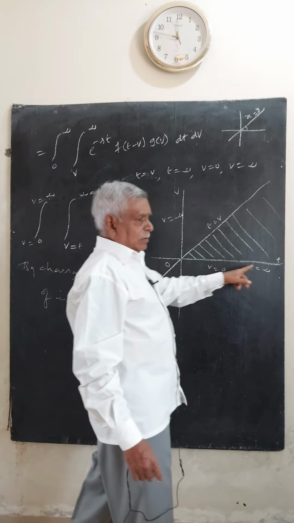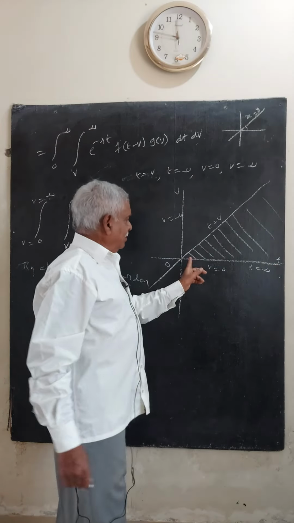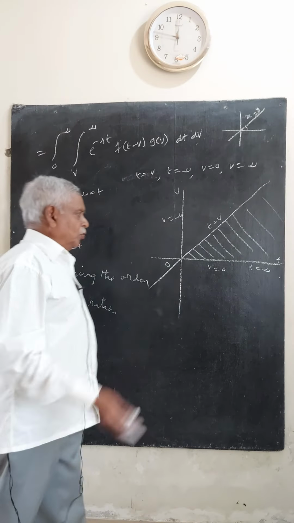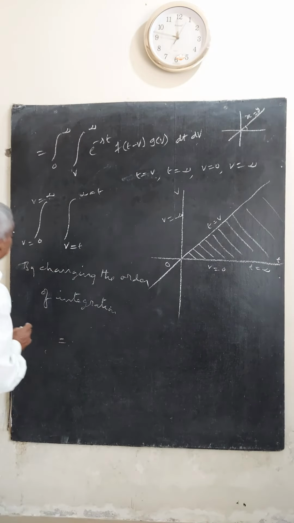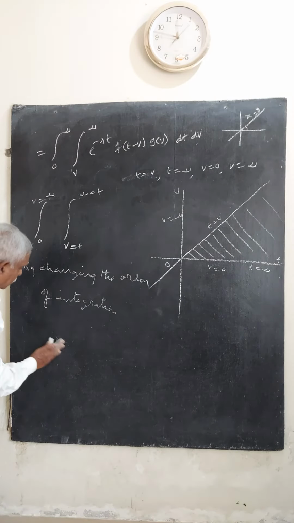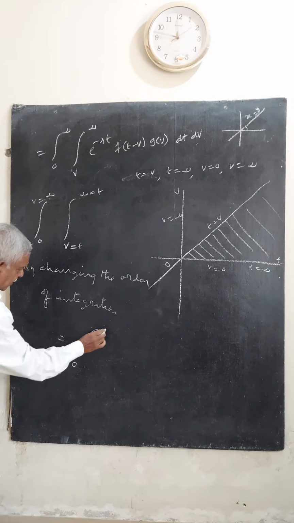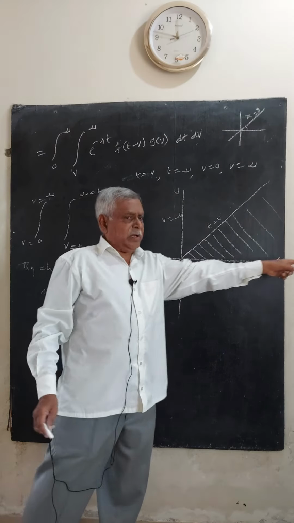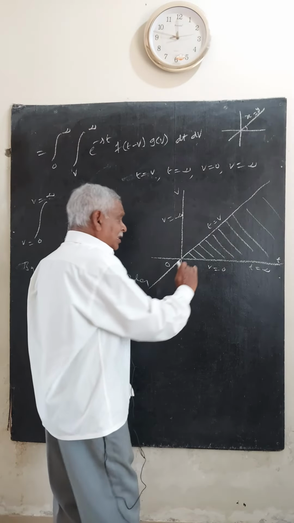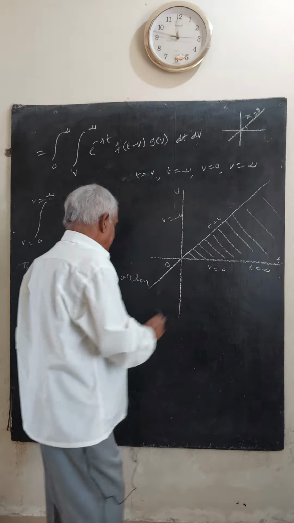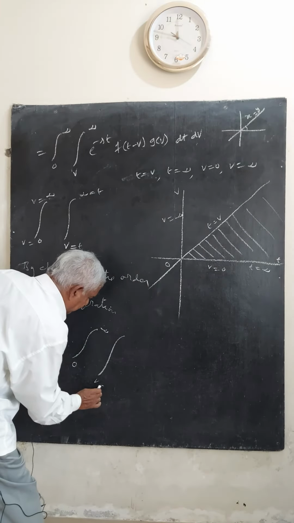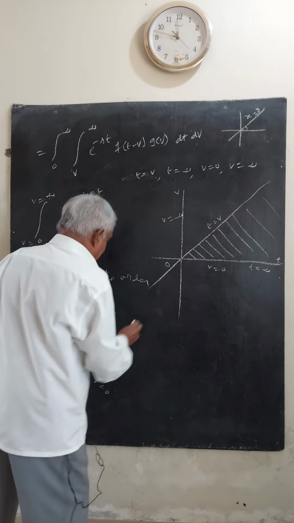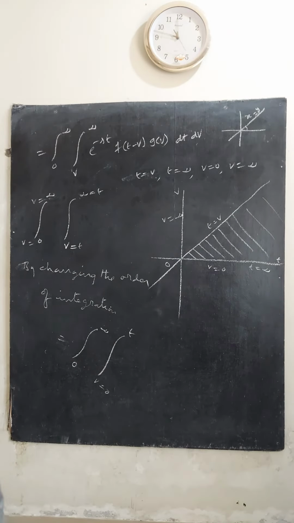One limit goes in the axis. t tends to infinity, t goes up to infinity, so we are giving 0 to infinity. But v is in the shaded region, bottom to top. See, bottom v equal to 0, top v equal to t. This is the way of changing the order of integration.